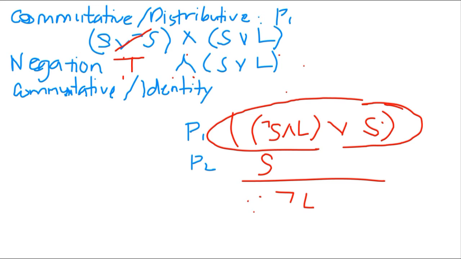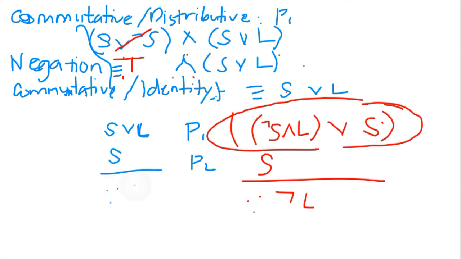So we have S, so this will be equivalent now to, again this is separate, so we have now simplified into S or L. So P1 we have S or L, and for S, so therefore not L.